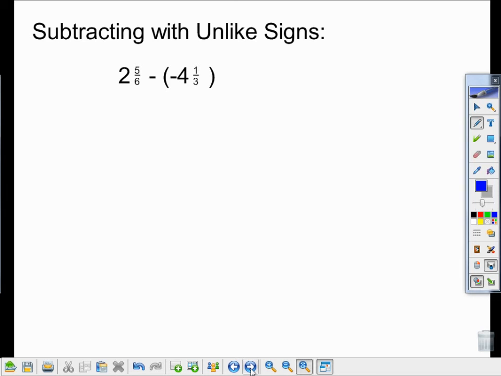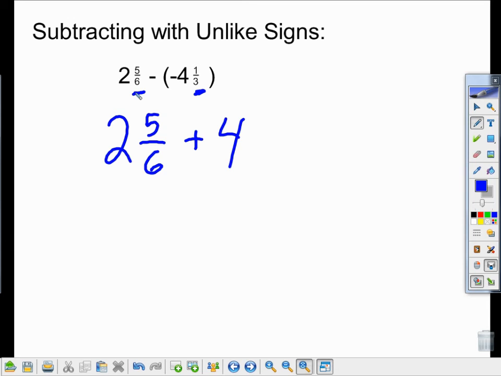Subtracting with unlike signs is really nice sometimes. In this situation, it's really nice because you change nothing here, 2 and 5/6. You're going to subtract a negative. Instead of subtracting a negative, of course, we're going to add a positive 4. Just to make things a little bit easier, I already know I'm going to have to find common denominators here.